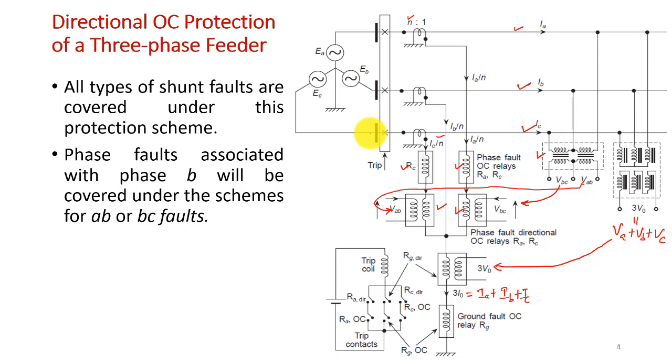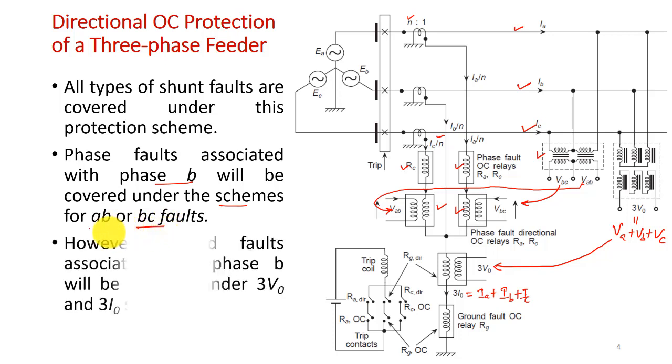Then phase faults associated with phase B will be covered under the scheme for AB or BC faults, right? Whatever phase fault is associated with phase B will be covered under AB or BC faults, either of which we can consider.